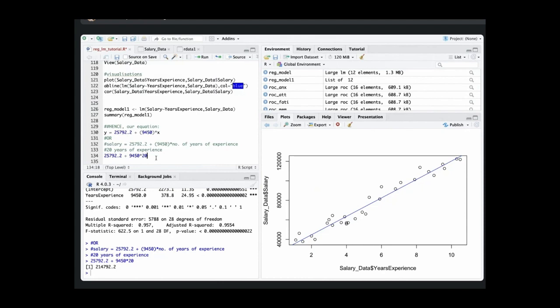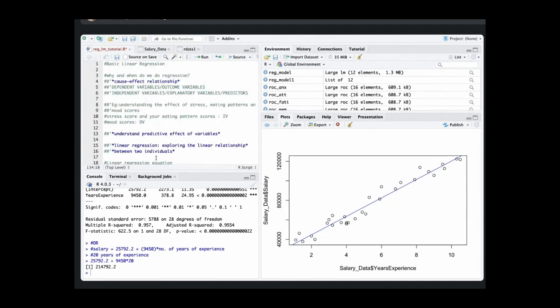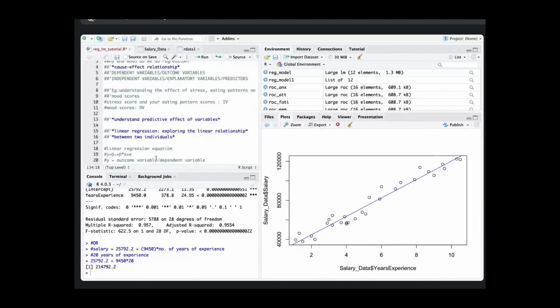So just to reiterate, linear regression is a very powerful and very simple way of representing the cause-effect relationship between two variables. It also helps us understand the predictive effect of more than one variable on a particular dependent variable. And essentially, we explore the linear relationship between two variables, right?